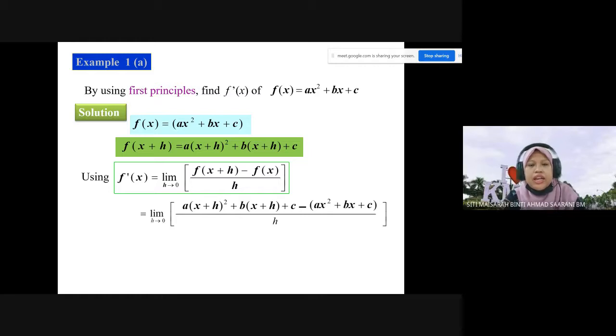And then after that, since we have a quadratic function, we can expand.